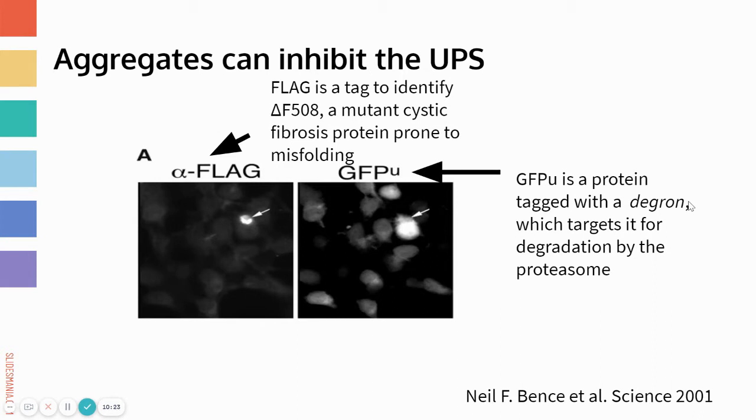So under normal circumstances, GFP with this degron should be going to the proteasome. It should be getting sent to the proteasome to be chewed up. And if the GFP is chewed up or sent through the garbage disposal, it can't glow anymore. GFP's ability to fluoresce has a lot to do with its structure. So if it gets chewed up, it's not going to glow anymore.